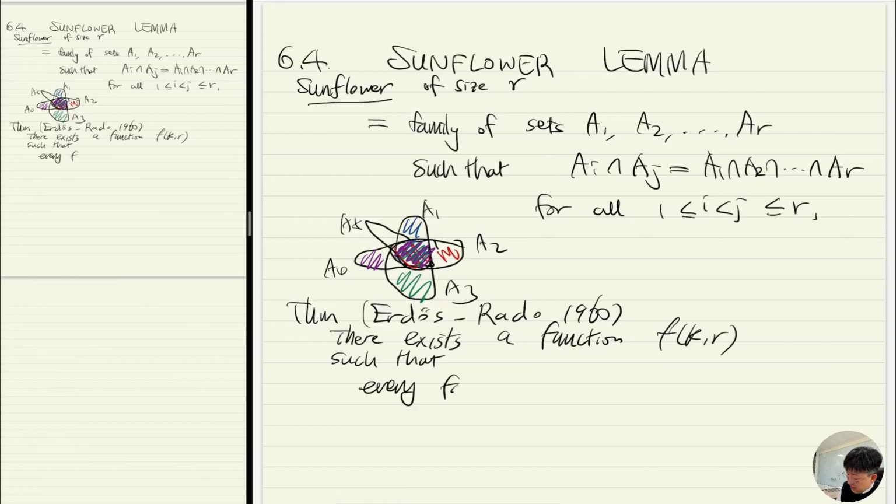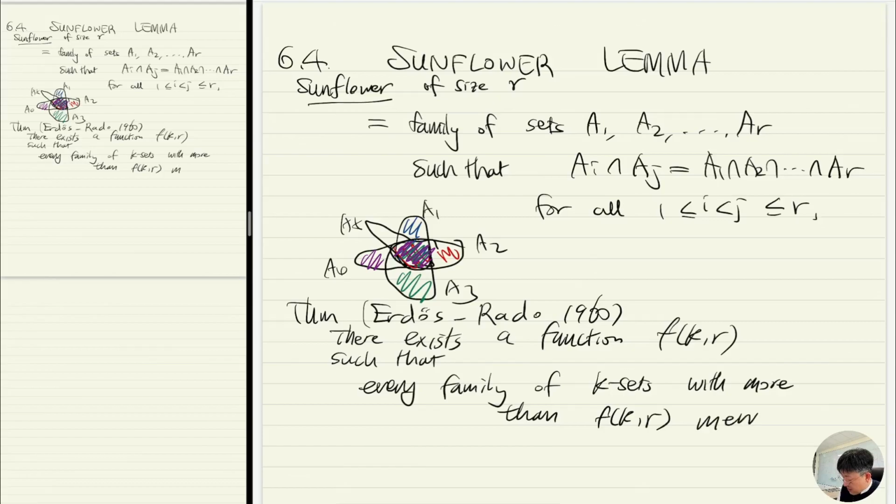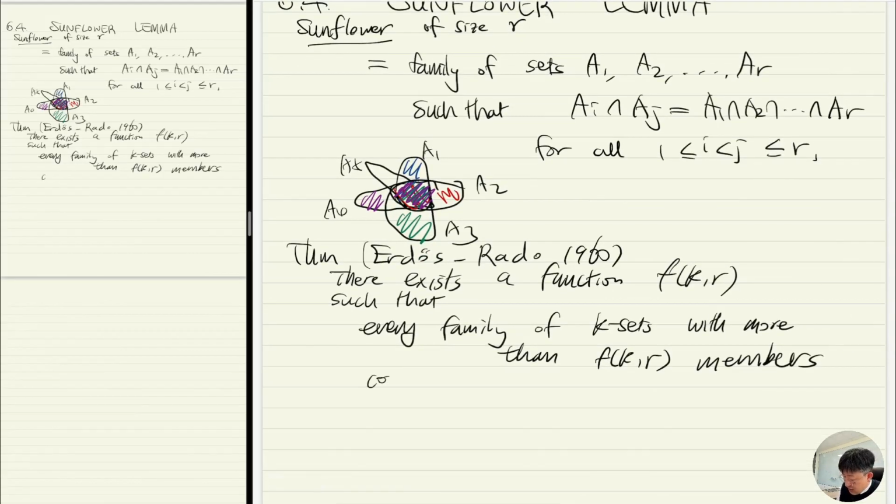every family of k-sets, k-set means a set of size k, right? Sets with k elements. Every family of k-sets with more than f(k, r) members contains a sunflower of size r.